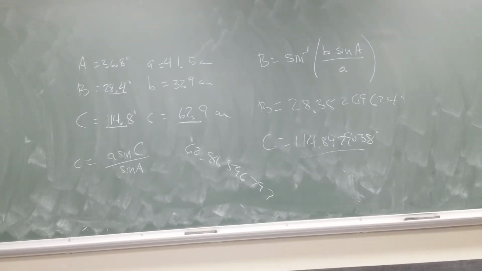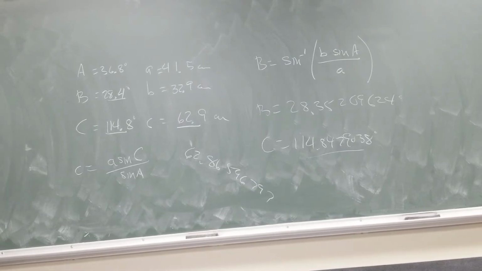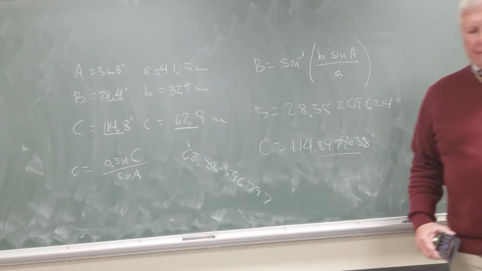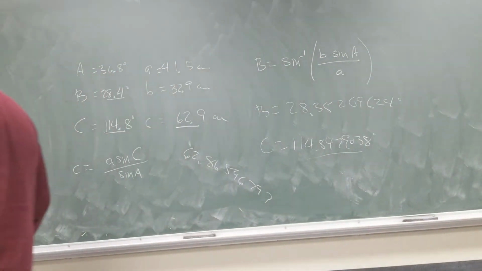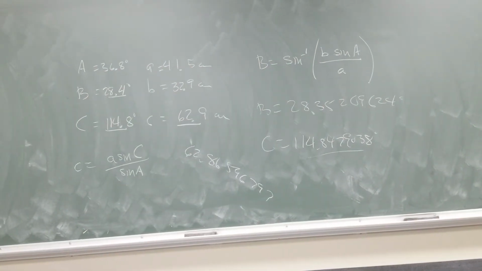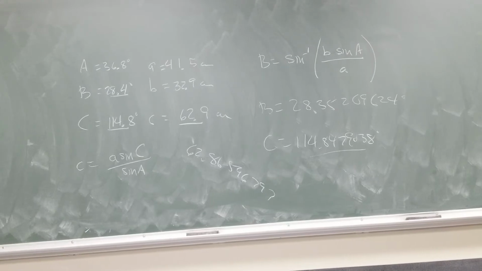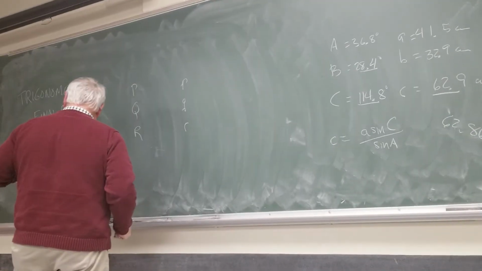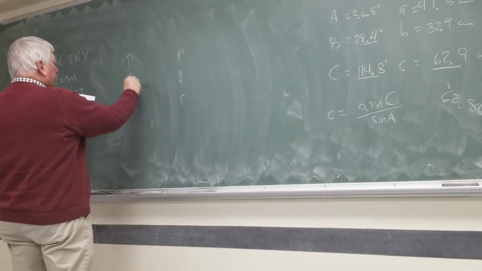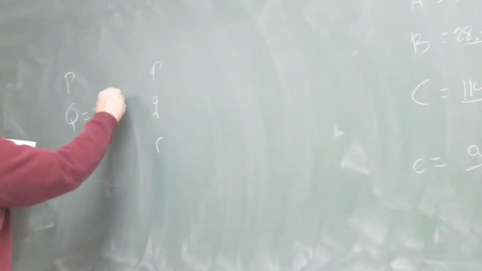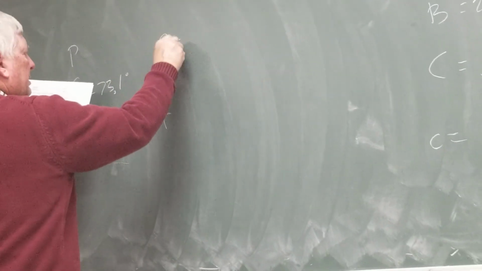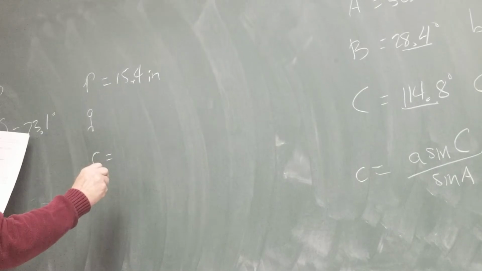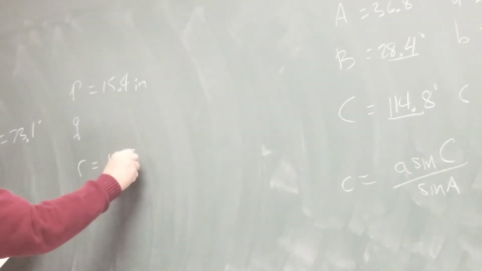Okay. And the last problem is the law of cosines. Given PQR, we're given Q is 73.1 degrees, P is 15.4 inches, and R is 19.2 inches.